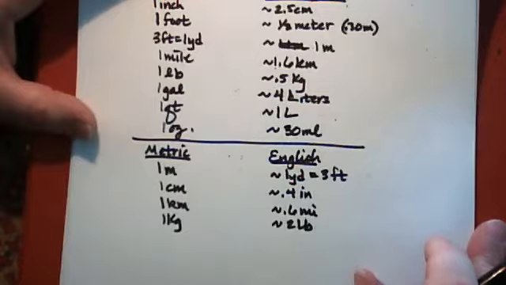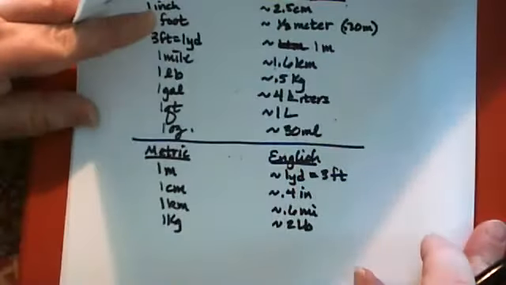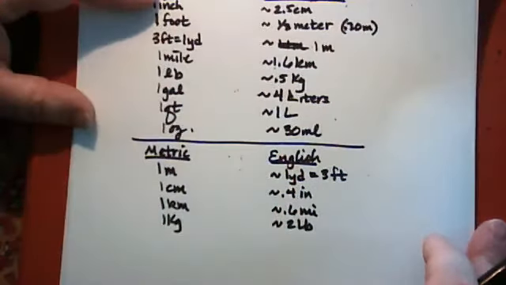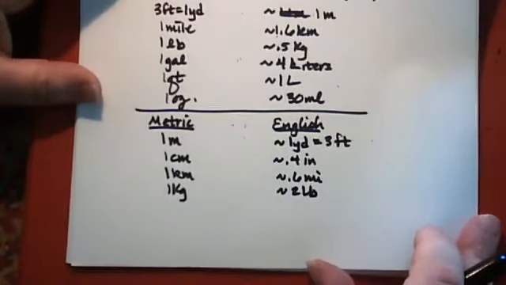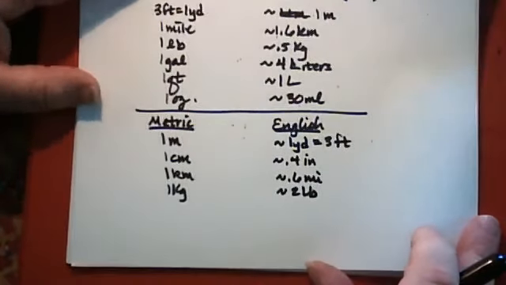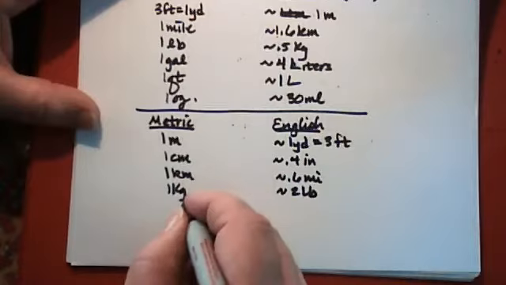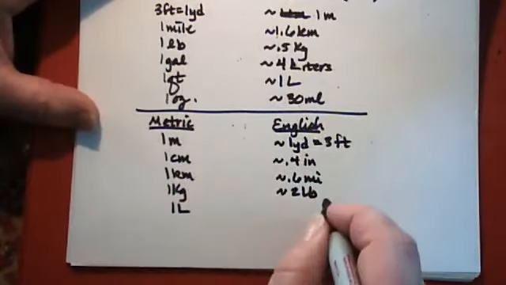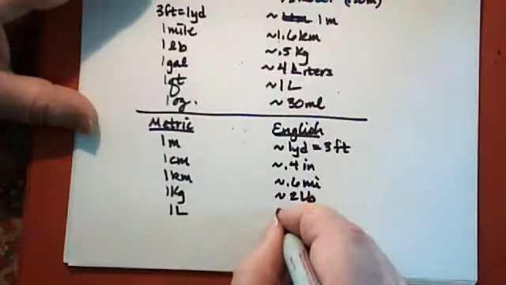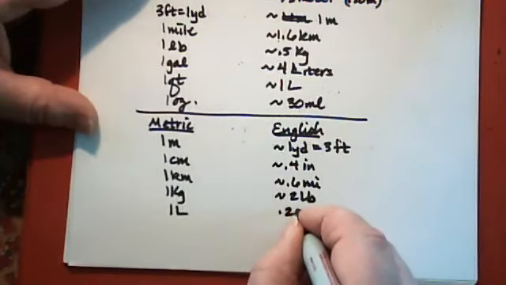And 1 kilogram, ballpark figure, would be about 2 pounds. 2.2 is more accurate, but even that's not perfectly accurate. 1 liter would be 1/4 of a gallon, or about a quart.